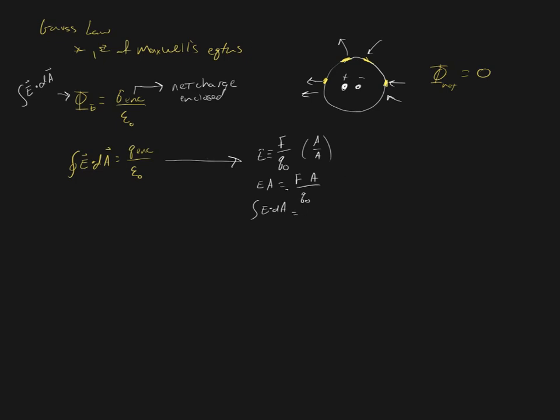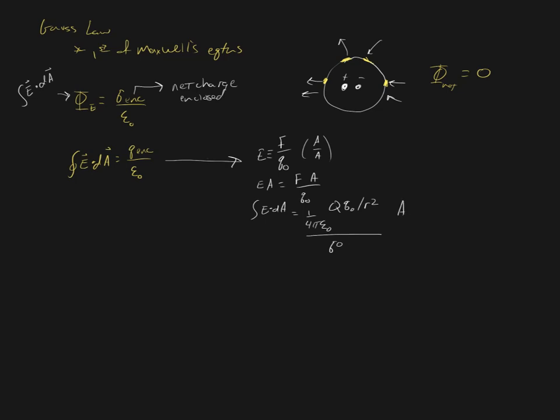Now, F is just Coulomb's law, so that's going to be 1 over 4 pi epsilon naught times the source charge, I'm going to use capital Q for now, times the test charge, little q naught, divided by r squared. And then this is all divided by Q naught, and then we multiply by the area.